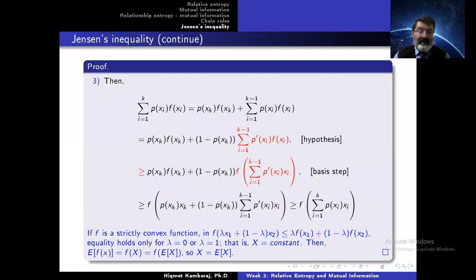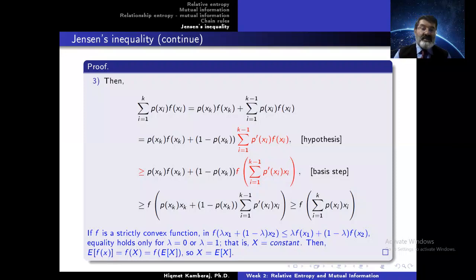Then group together, write this sum from i to k minus 1 as one sum of i from 1 to k, then I get f of the sum of i from 1 to k, p of xi. So this is the proof of what I wanted to show.